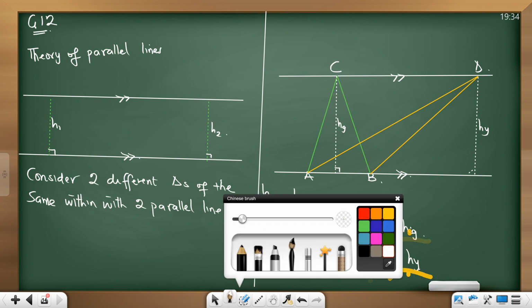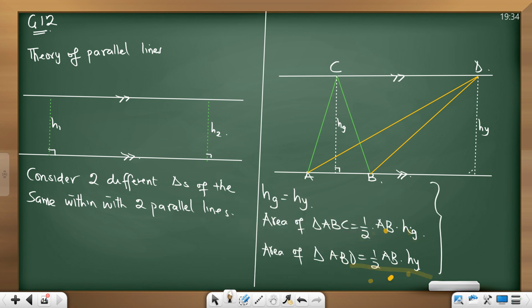All right, so hence we say that the area of triangle what? ABC is the same as the area of triangle what? What's going to be your reason? They have a common base and equal what? Height.